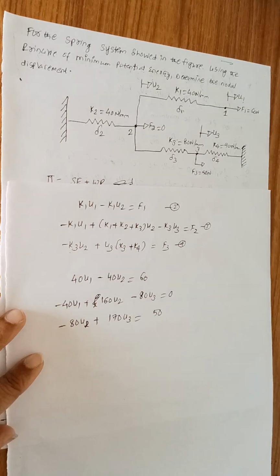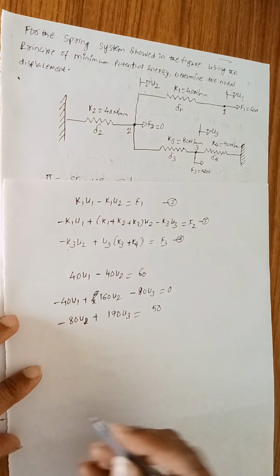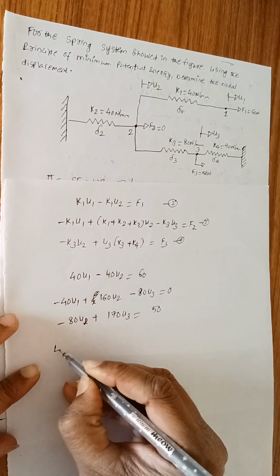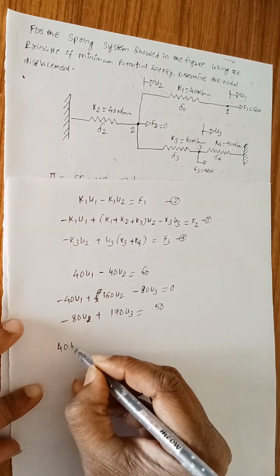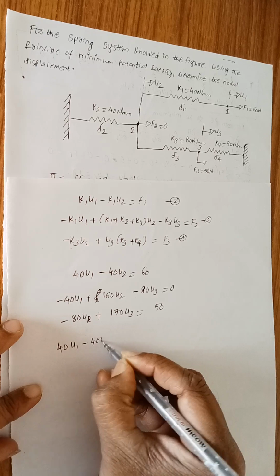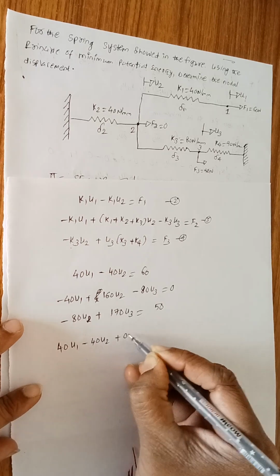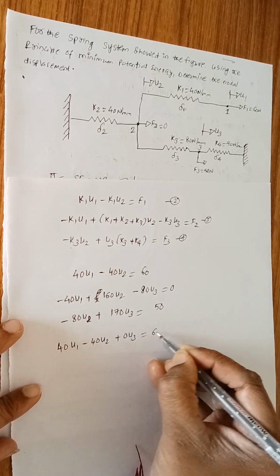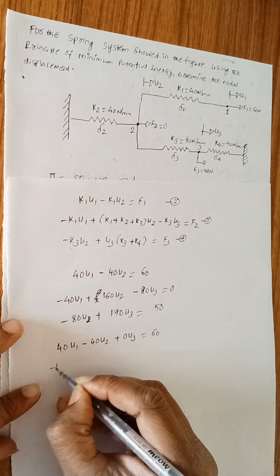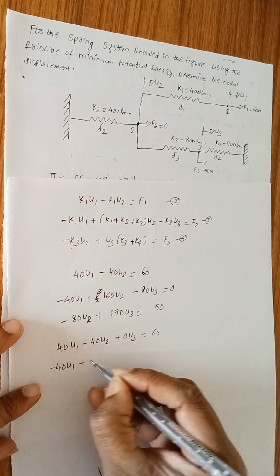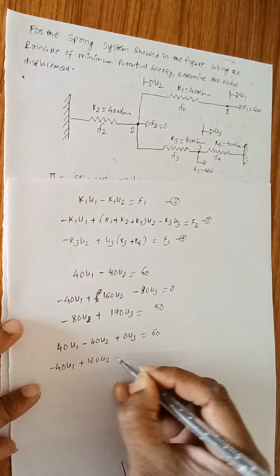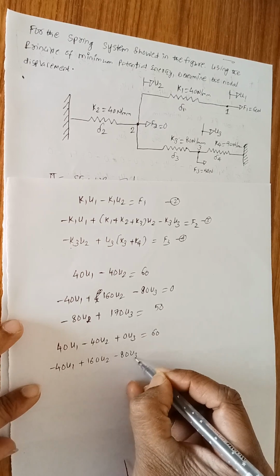Okay, so now using this equation method, let's try to solve this problem. So here we can just rewrite this equation as 40 u1 minus 40 u2, plus 0 into u3 equal to 60. The second equation I'll write as minus 40 u1 plus 160 u2 minus 80 u3 equal to 0.